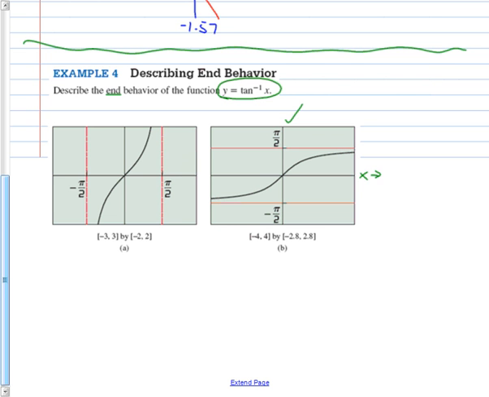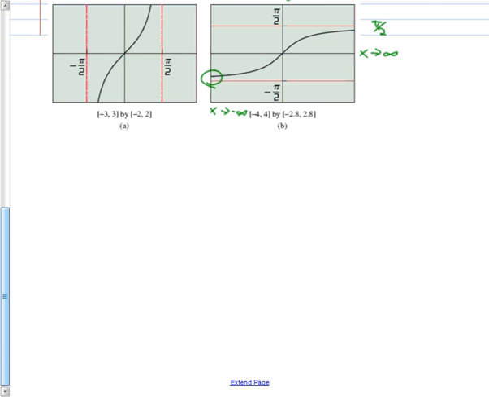As x approaches infinity, what is it going to? It's approaching pi over 2, isn't it? What's happening as my x is approaching negative infinity? Yeah, it's approaching negative pi over 2. So what's my end behavior?